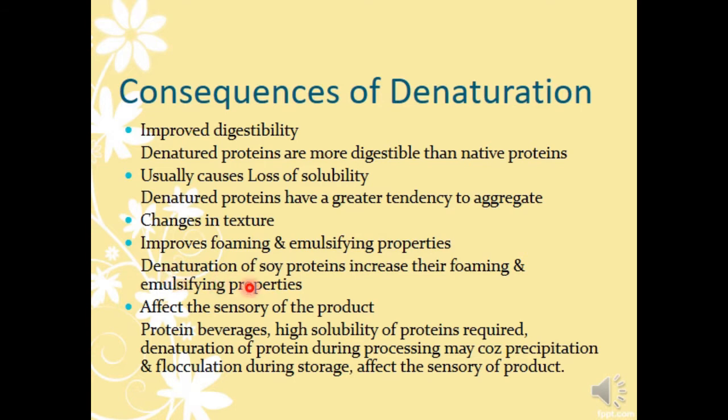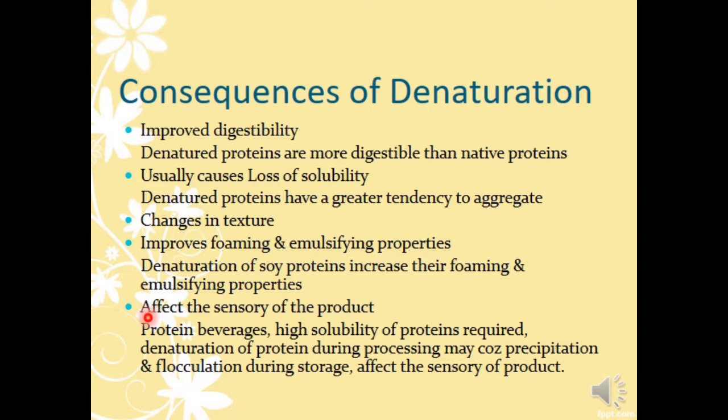That is why soy protein is used to increase foaming and emulsifying property when it becomes denatured. If you look at chocolate packaging, you will see one of the ingredients is soy protein lecithin. Lecithin is the emulsifier, used to mix the non-polar component and polar component of the chocolate.